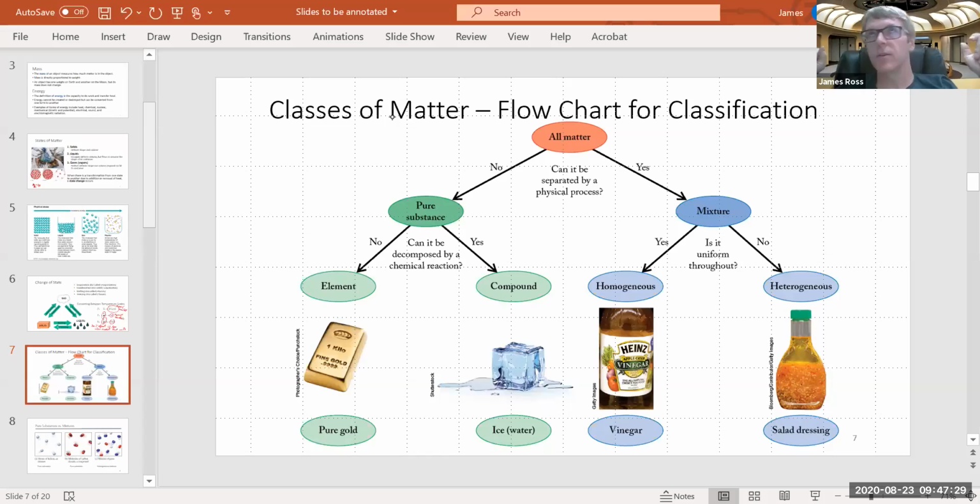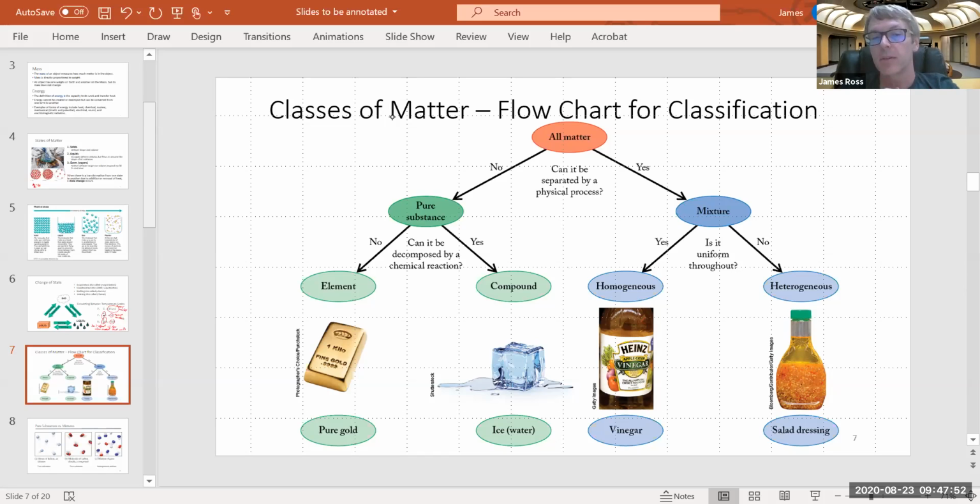Why is it important to do that? Well, if you had a mixture, what you observe might be a mixture of the properties of that composition. If you have a pure substance, then the properties are exclusively represented by that thing, and you know that, you've learned that. Let's look at the pure branch first. A pure substance, there's two categories.